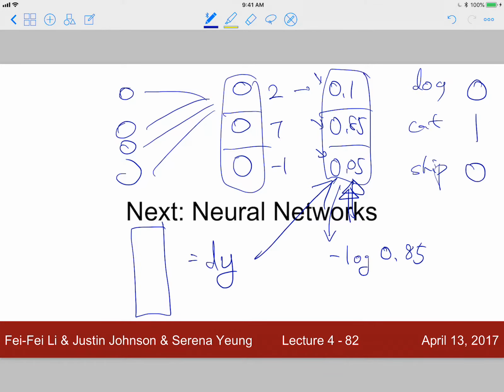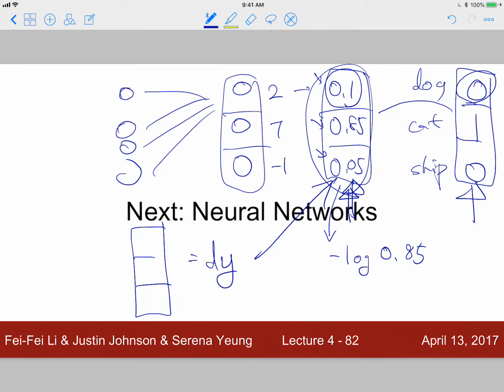Okay, so if you guys did the homework and finished the derivation of it, it is simply the difference between this guy and this guy. So we basically subtract the one-hot vector, I mean the ground truth vector, from this output vector. Okay, so this vector minus ground truth vector, the one-hot vector, right?